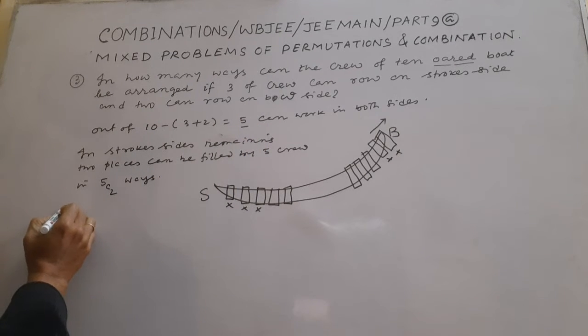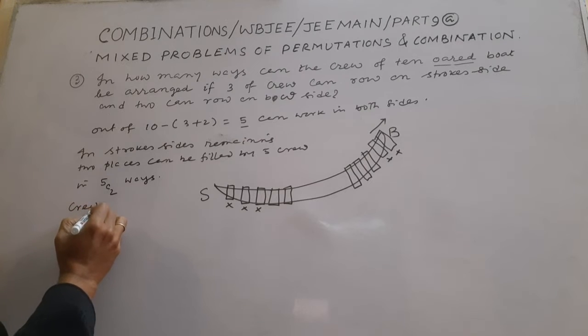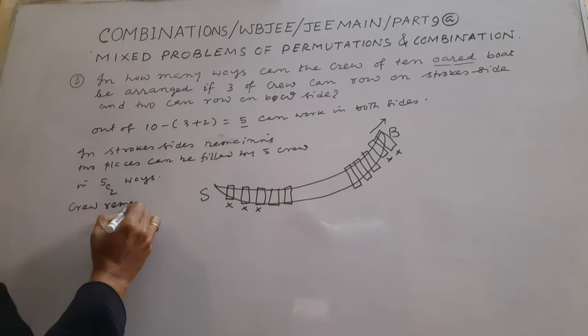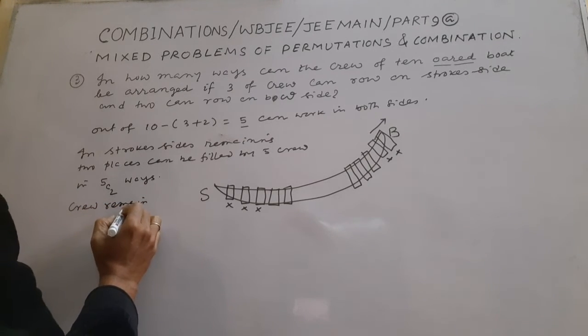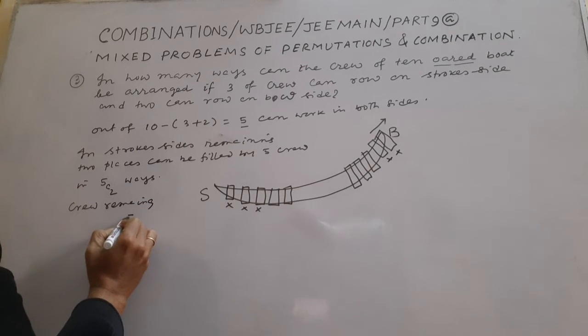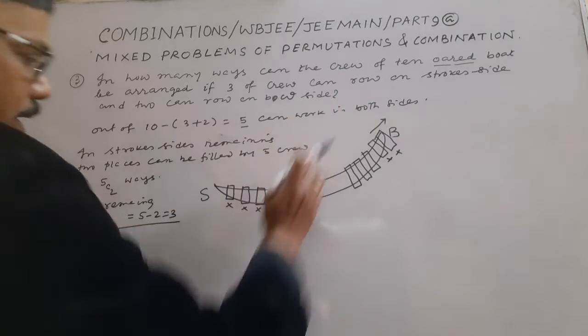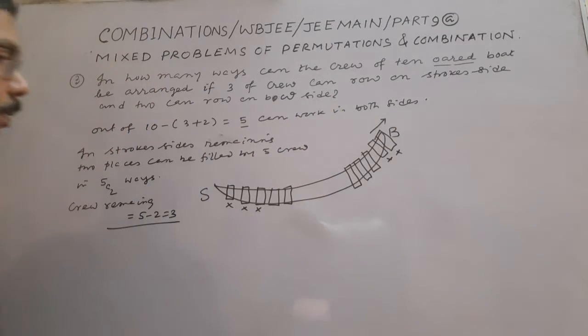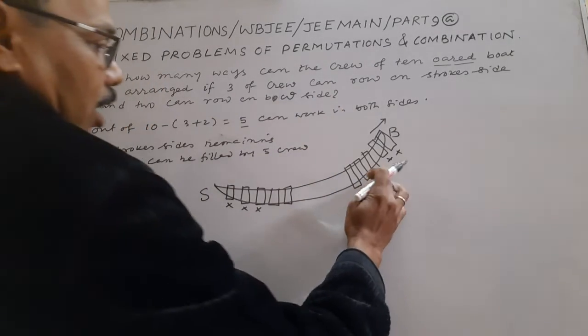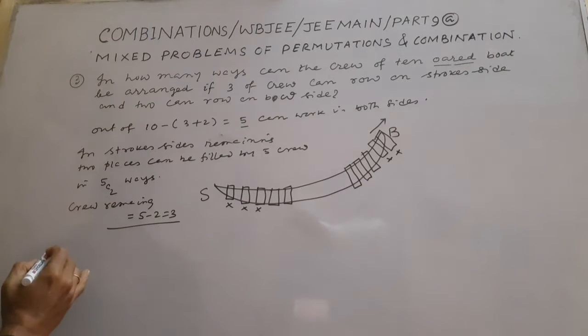Now, crew remaining equals 5 minus 2 equals 3. Out of 5, we have placed 2 here. Now, how many gaps? 3.